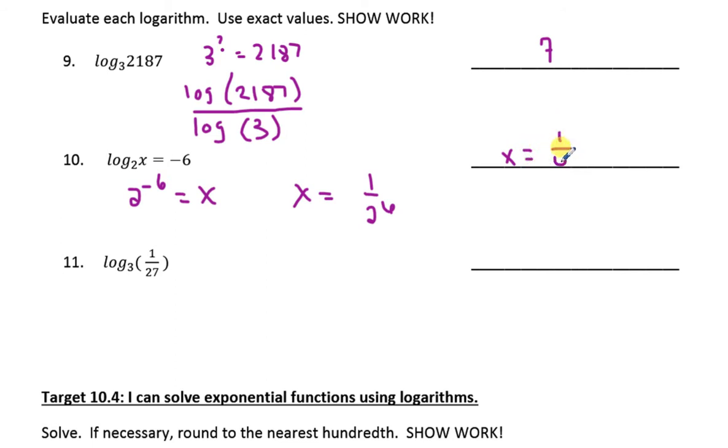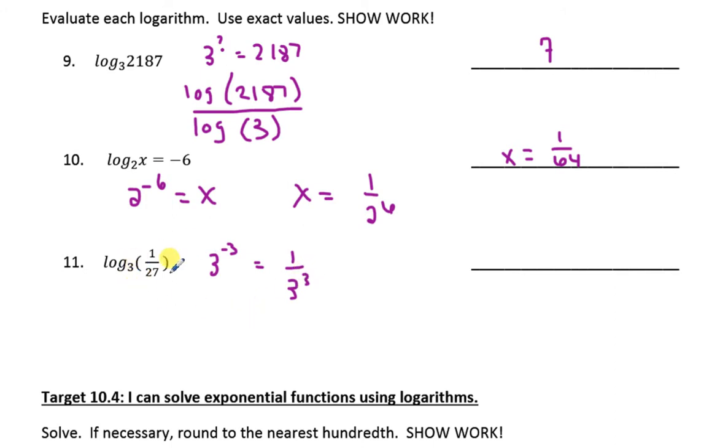And leave it as a fraction. It kind of shows the exponent power. Now, just so you remember this, 3 to the negative 3 is the same thing as 1 over 3 to the positive 3.